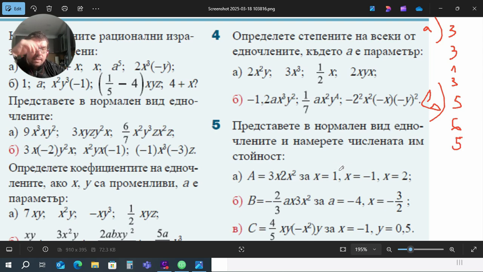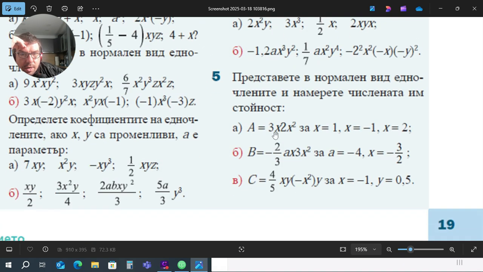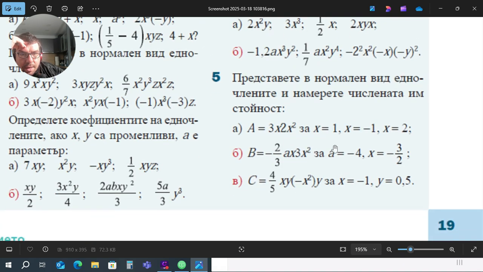And finally, the last exercise for today is number 5. This exercise asks us to write in standard form and calculate the value of the expression. So let's do it together very quickly. So what is A in standard form?